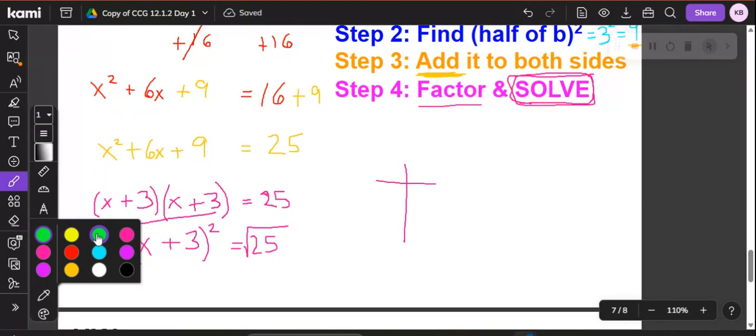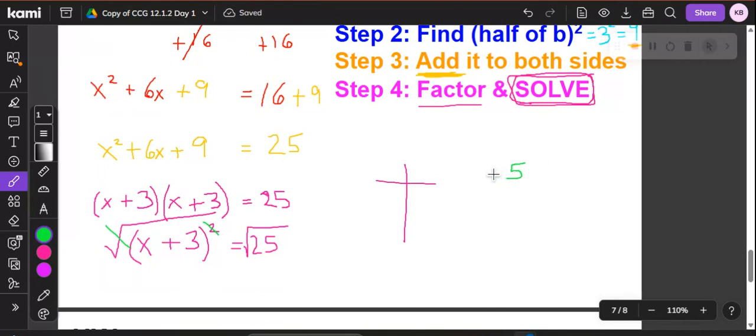I'm just going to write this, we'll go in green over here, but again, the square root and the square cancel out. The square root of 25 is 5, and on the left side we still have x plus 3. But don't forget about the second square root of 25, which is also negative 5. And on the left side we still have x plus 3. Remember, this is where we're getting our two solutions.